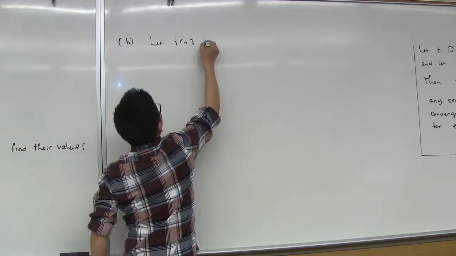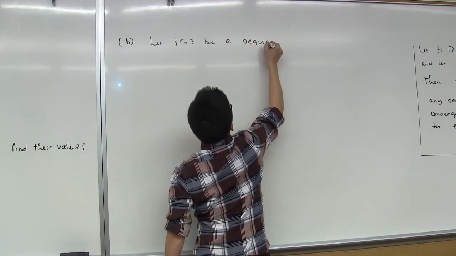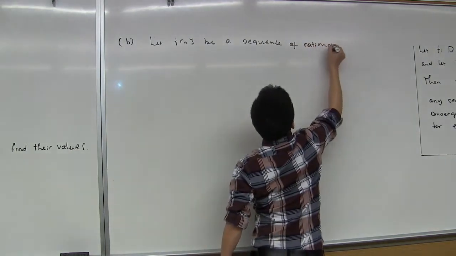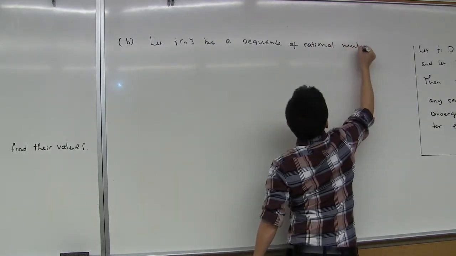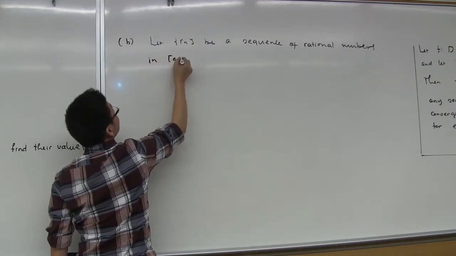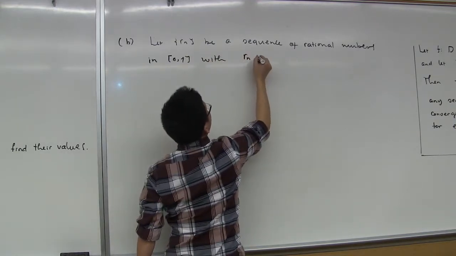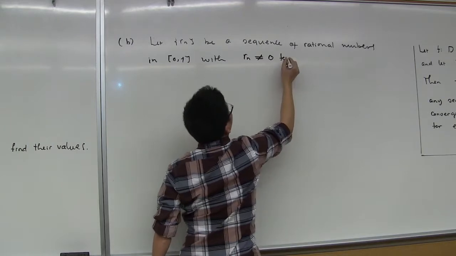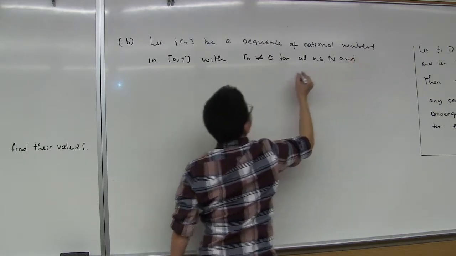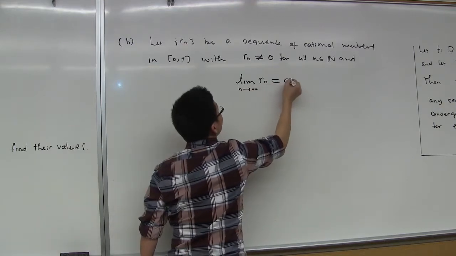Now let Rn be a sequence of rational numbers in the interval 0, 1 such that Rn is not equal to 0 for all n in N, and the limit of Rn as n approaches infinity is equal to 0.